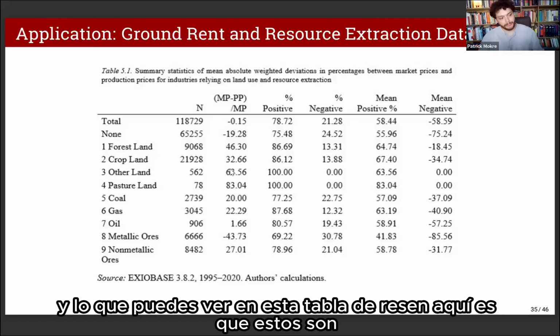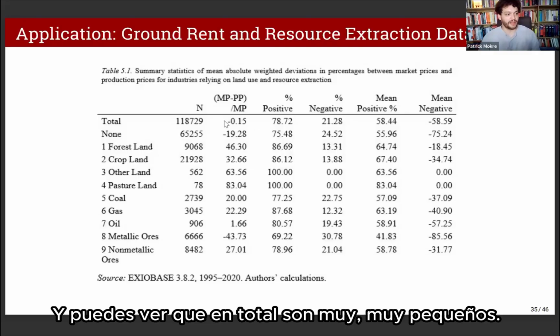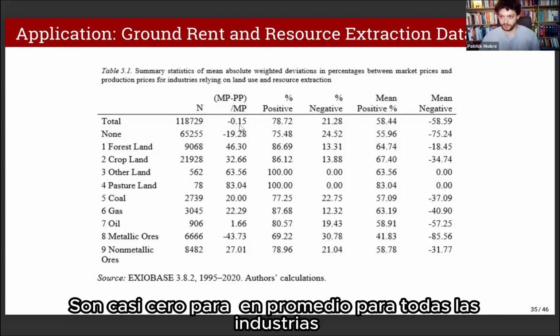And what you can see in this summary table here are the market price, production price differentials in the 3rd column. And you can see that in total, they are very, very small. They're almost zero on average for all industries.